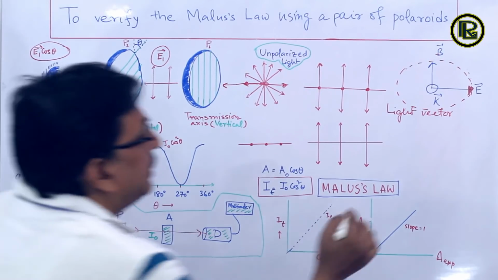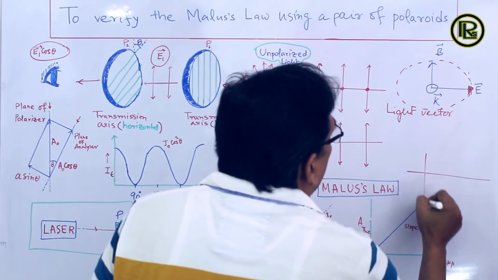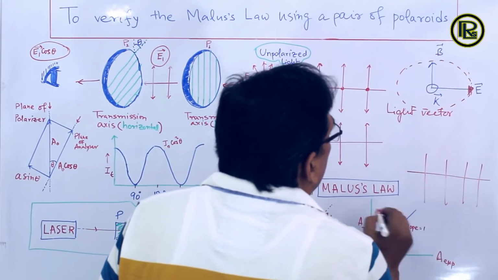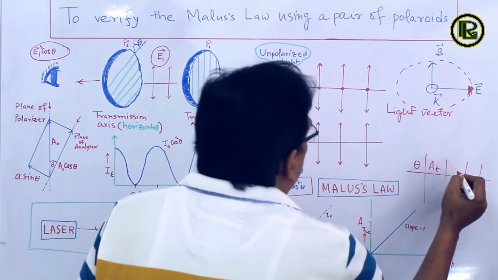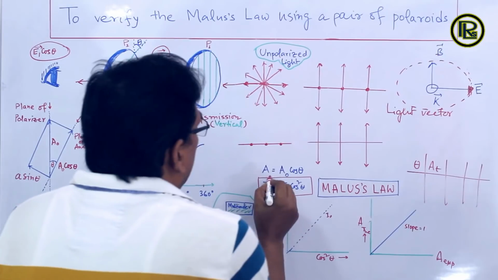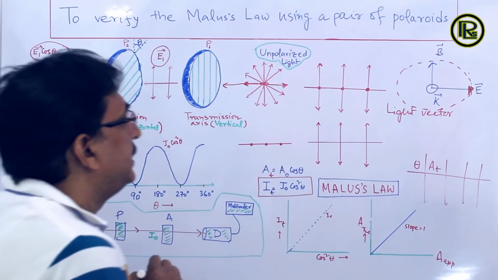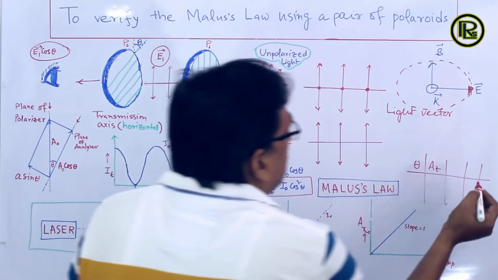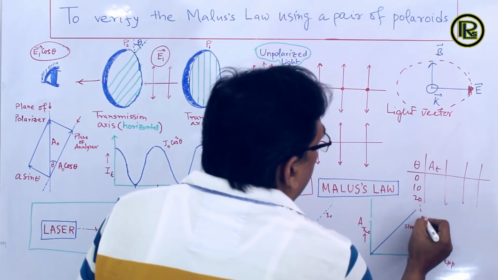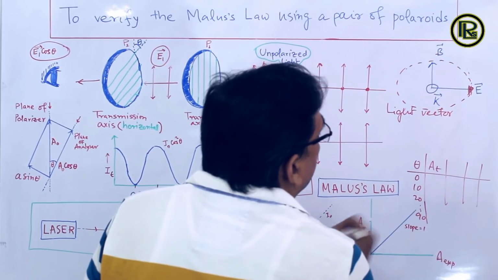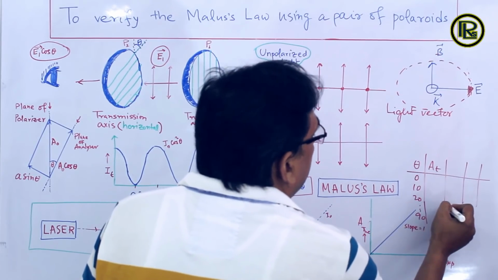So we can note theta and A. Theta should be 0, 10, 20 like this up to 90 we have to take.